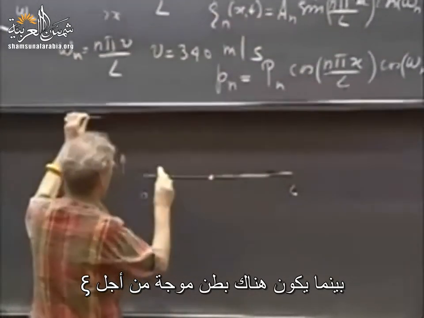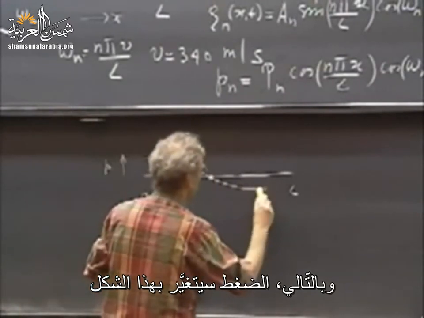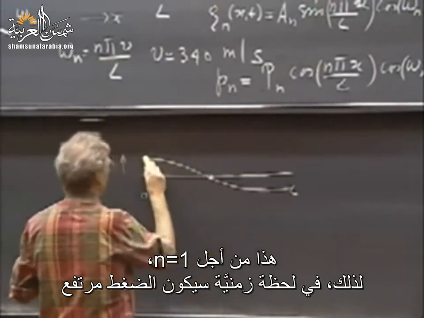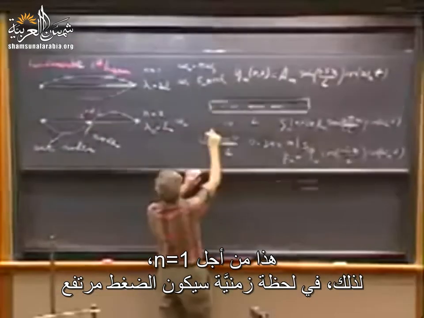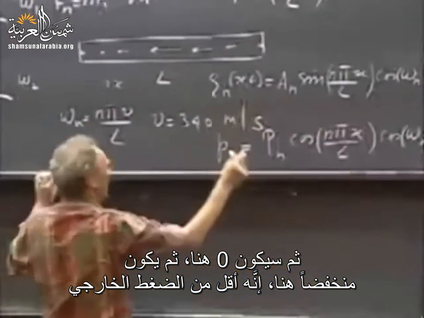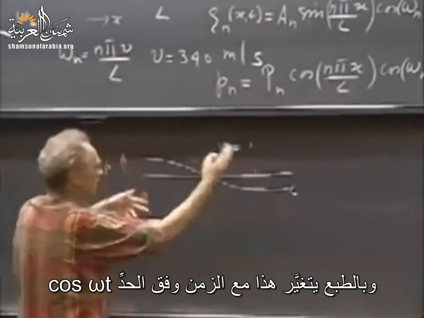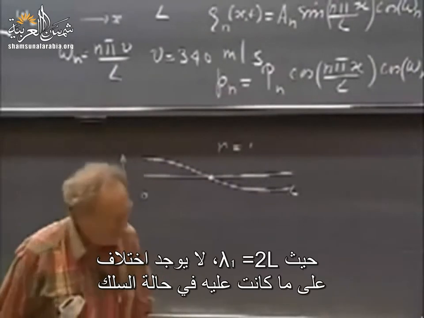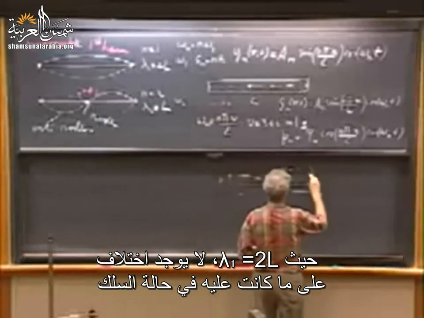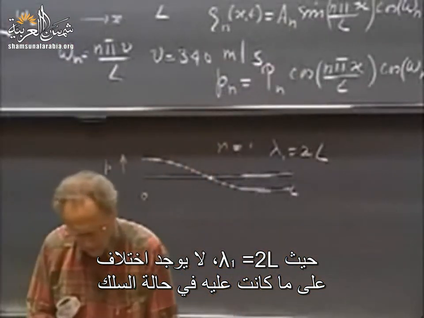The pressure will change in this way. So this is now n equals 1. So the pressure here at one moment in time is high, then it's 0 here, and then it is low here. It is below ambient pressure, and that, of course, is changing with time, with the cosine omega t term. And again, you see that lambda_1 is, of course, 2L. There's no difference there with the string.